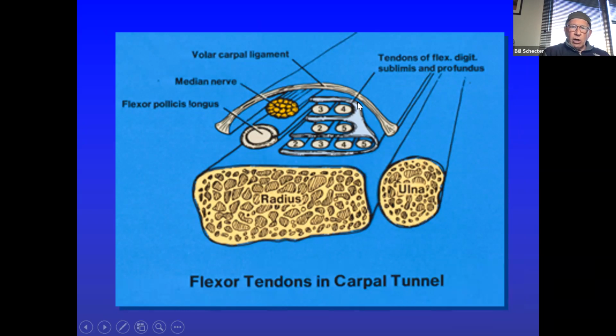And then ulnar to the median nerve are the 8 tendons going to the 4 fingers. So we have 4 sublimis tendons right here. And as we talked about before, the tendons 3 and 4 are superficial to the tendons 2 and 5. And then below that, we have the 4 profundus tendons, which are all at the same level.